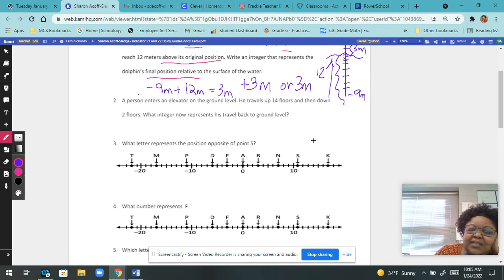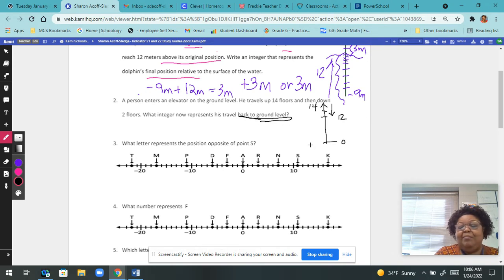Okay, a person enters an elevator on the ground level. So that's 0. Okay. And he travels up 14 floors and then down 2 floors. So 14, 13, 12. So what integer now represents his travel back to ground level?